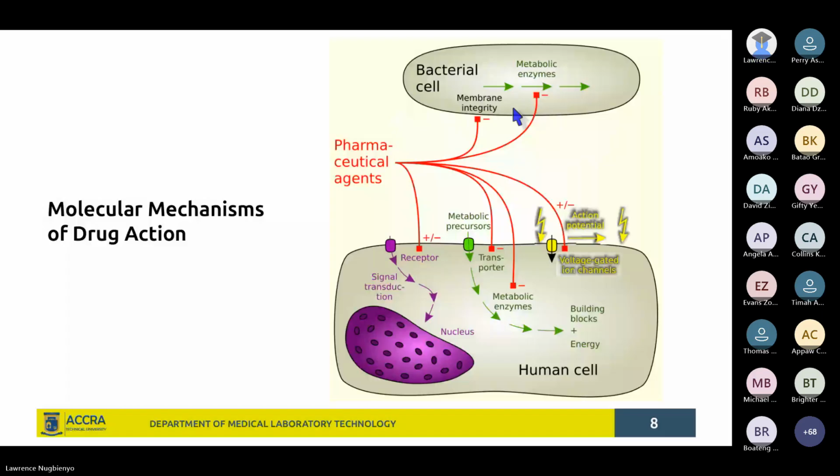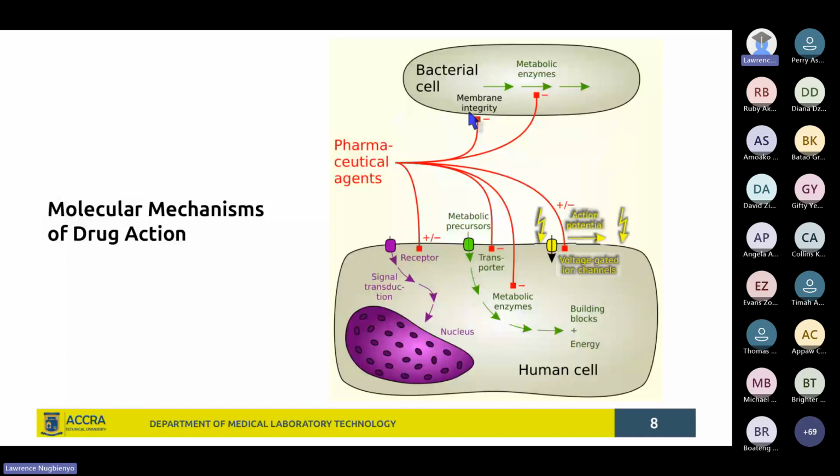And how will it act on the invader? Some pharmaceutical drugs will attempt to cause destruction in the membrane structure. So there's a destruction in membrane integrity. Of course, if you have a bacterial cell having a membrane or even a cell wall, and you have a drug substance that goes to disrupt the structure, obviously that bacteria is going to break down.